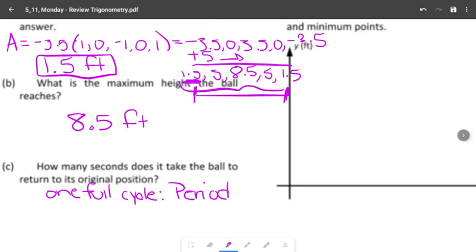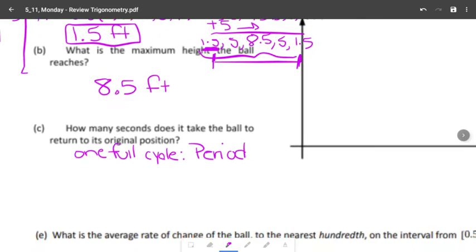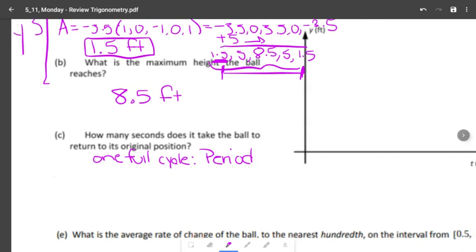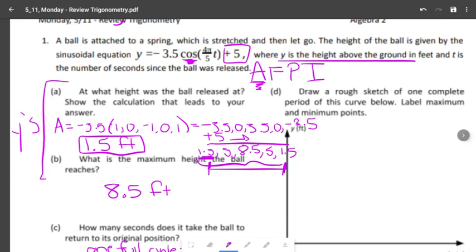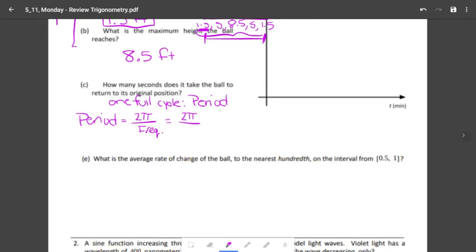So part C is asking you to find the period of the equation. Period, remember, from an equation, we have the formula 2 pi divided by the frequency. The frequency is what is in front of the x, or t in this case, so 4 pi over 5.